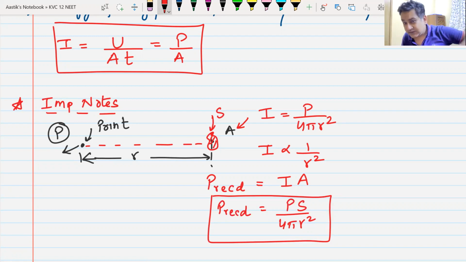The distance between earth and sun is very large, and therefore we don't get that much power. But mercury is very close to it. It gets a lot of power, and that is why no one can live on mercury. Remember these 2 points. If they make a tough paper, then they might give you questions based on this.